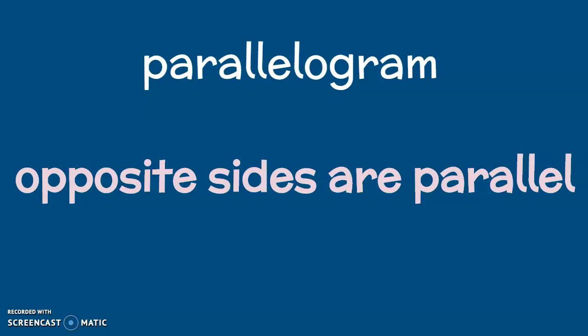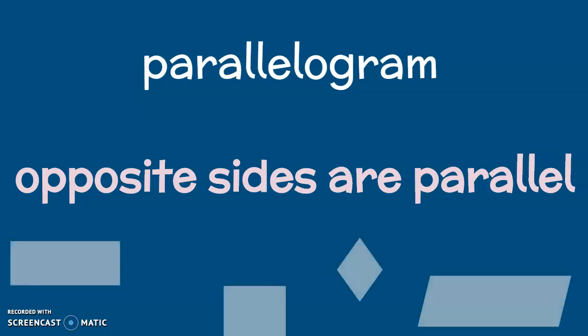Okay, so we have a parallelogram. The definition of a parallelogram is that it has opposite sides that are parallel. So if you look at all the figures on the screen, we would call these a rectangle, a square, a rhombus, and a parallelogram, but they're actually all parallelograms because the tops and bottoms and the sides are all parallel.